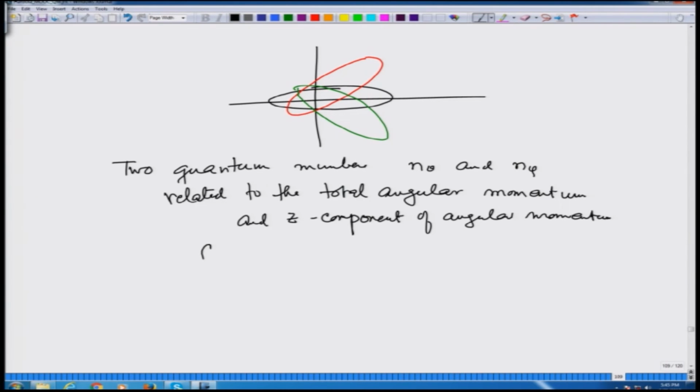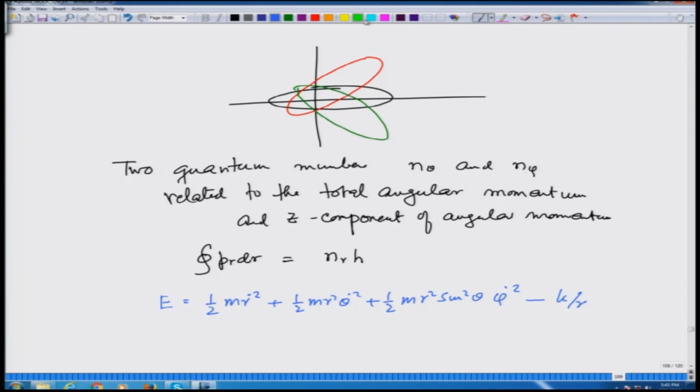I am still to do integral P r dr equal to n r h. Let us do that now. Remember, energy was equal to 1/2 m r dot square plus 1/2 m r square theta dot square plus 1/2 m r square sin square theta phi dot square minus k over r, and quickly I can write this as P r square over 2 m plus P theta square over 2 m plus P phi square over 2 m sin square theta minus k over r.